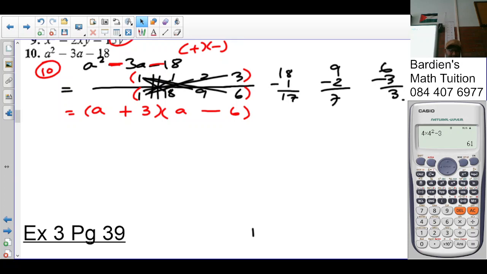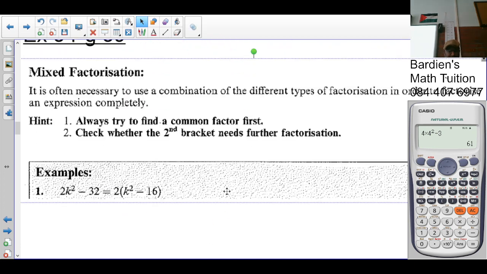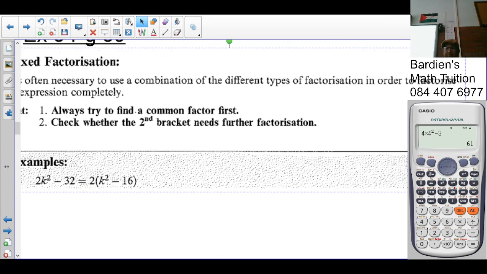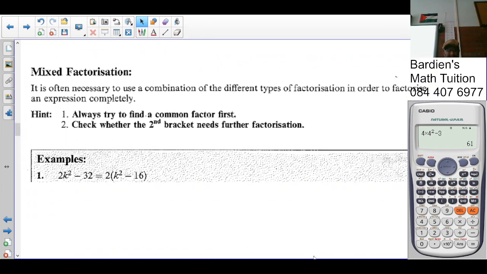You've got mixed forms now. These are the examples on page 40.